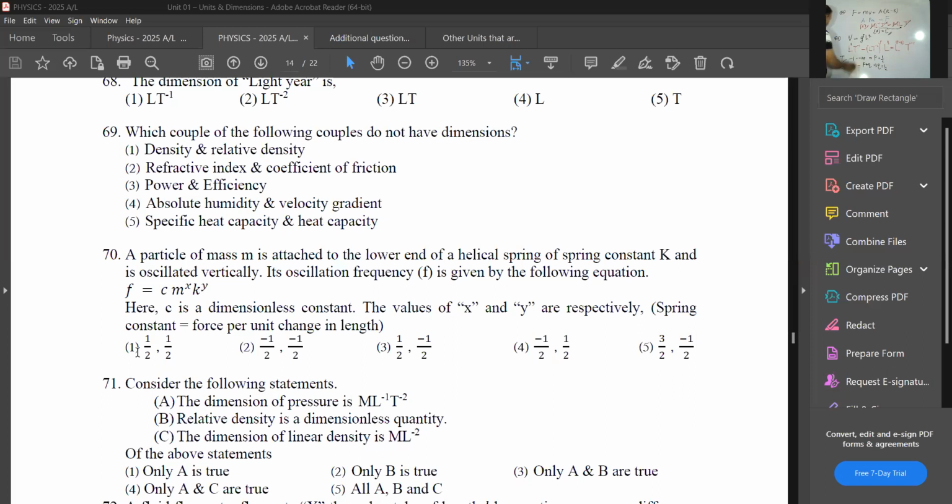Very good. Fourth one, no? Question number 70.